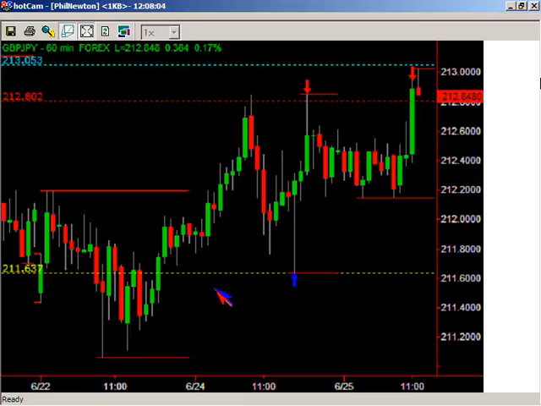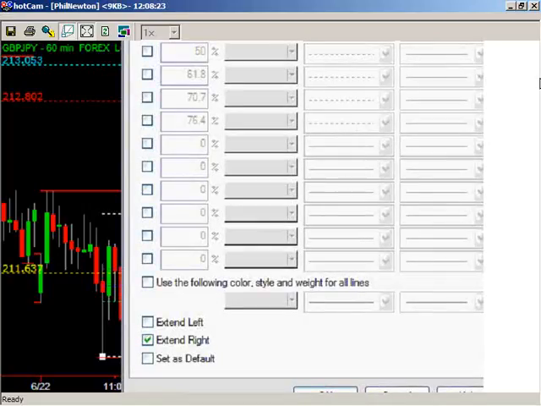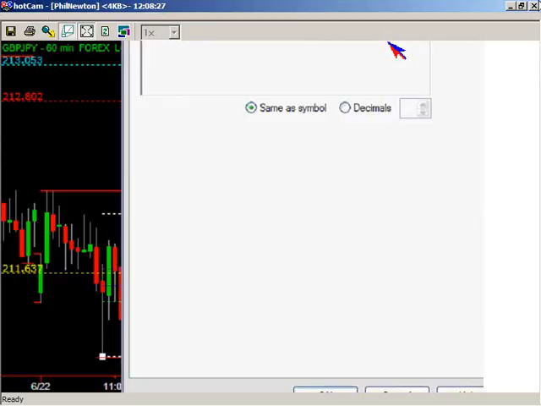Pound yen typically does about a 300 point high-low range. So what I'm doing is setting up just the 0 and 100% line. I don't know if you can see what I'm doing there. I'm just customizing it.